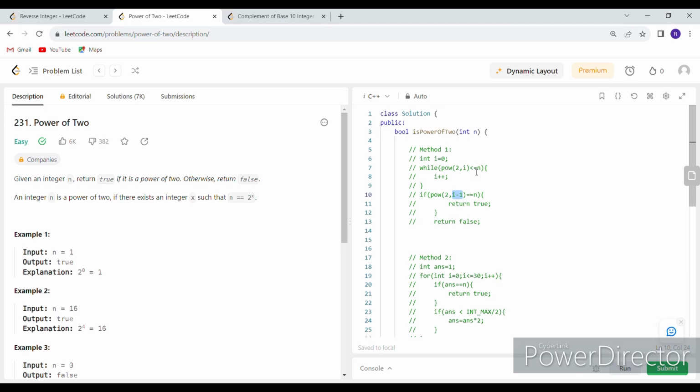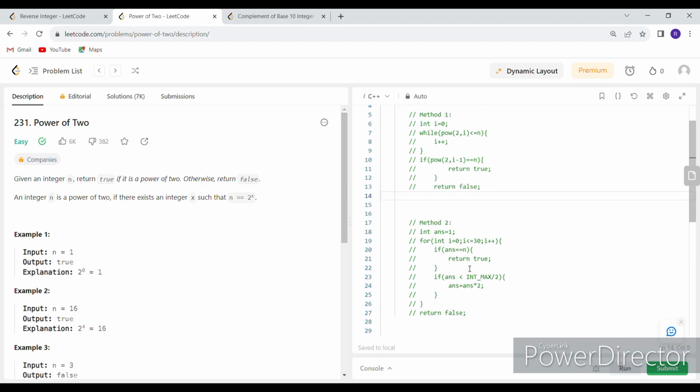It entered the loop and now it has become i plus 1. So to reduce that i plus 1, I have to check whether 2 raised to i minus 1 was equal to n or not. If it is equal to n, then we will return true, that we found that this number can be represented as power of 2, and if not, we can simply return false. This was the first method.